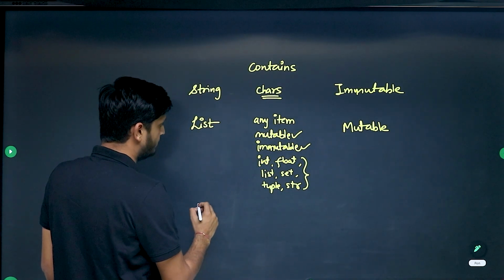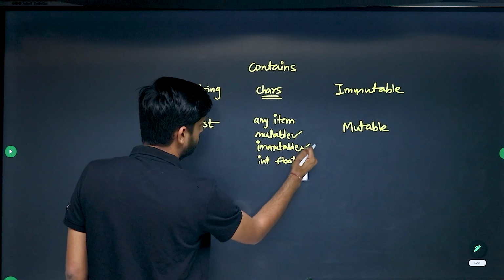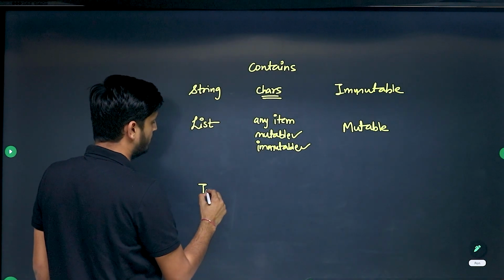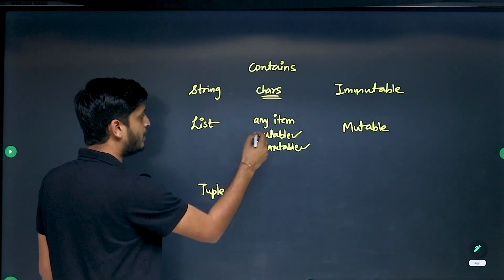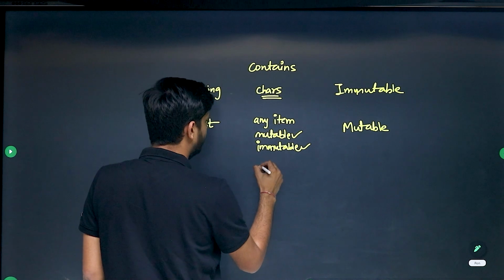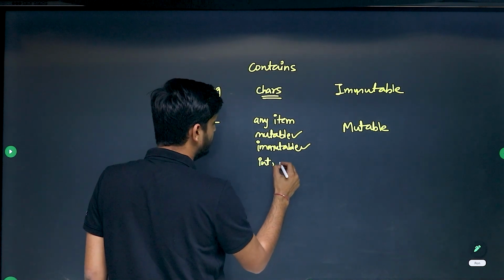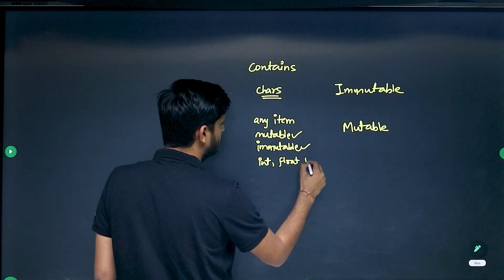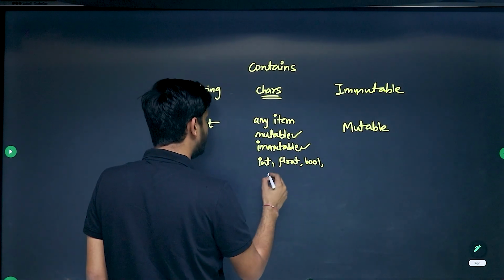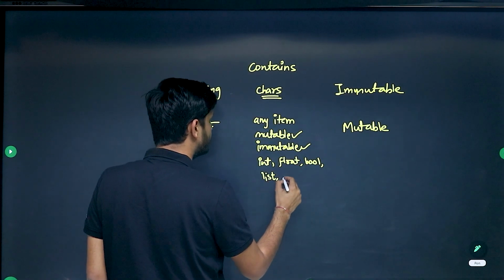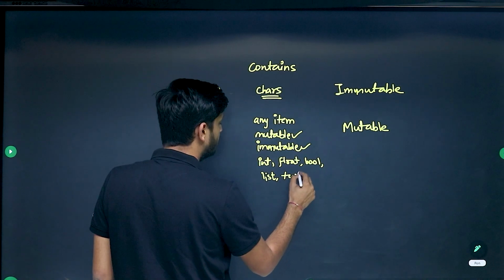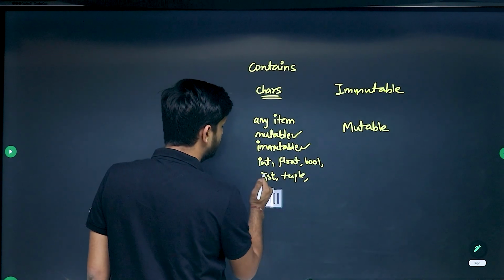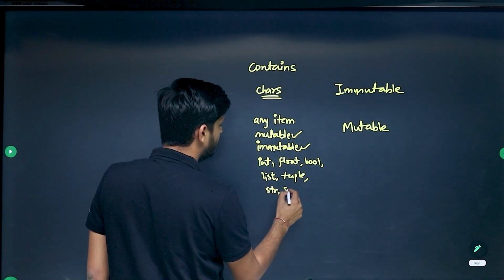You can change a list once created. And a tuple can also contain any item. So we can write it like this. It can contain integer, float, boolean, complex, whatever data type we have seen: list, tuple, string, set, dictionary.